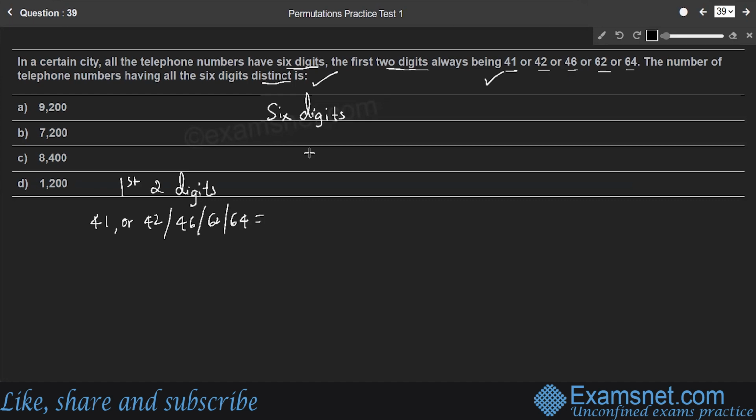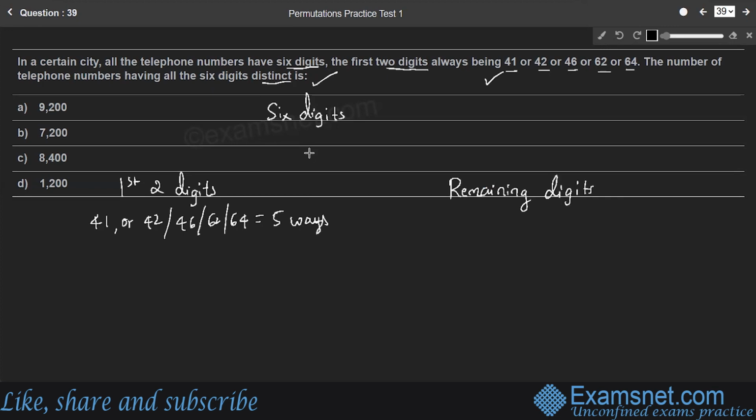Therefore, there are 5 ways of writing the first 2 digits. There are 5 ways of selecting the first 2 digits. So what are the remaining digits?